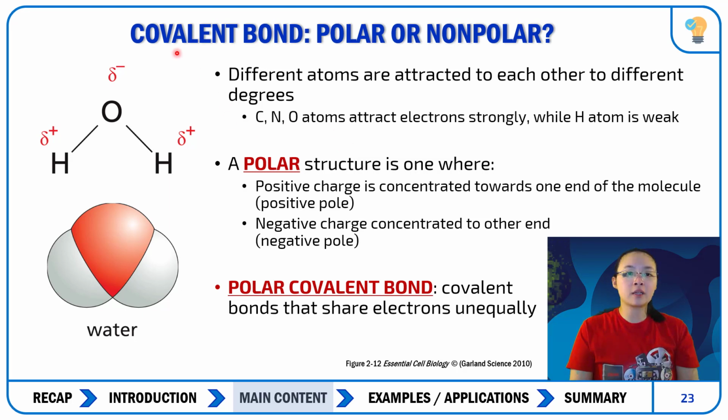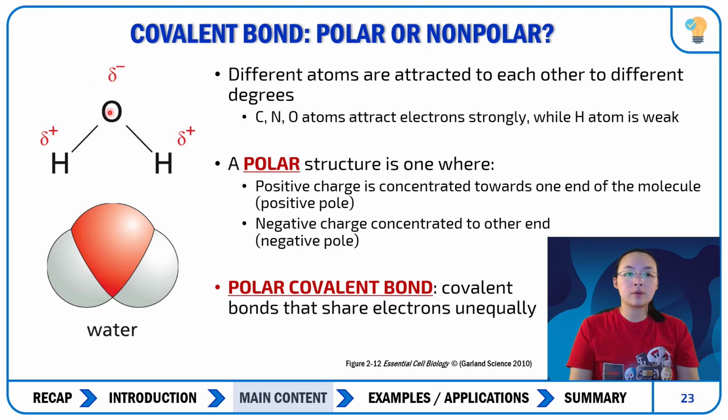So looking at this structure for the water molecule, we can consider a polar structure as one that has, number 1, a positively charged end, and number 2, a negatively charged end. With this example of a water molecule, we can see that oxygen is more electronegative because it's going to attract electrons more strongly.